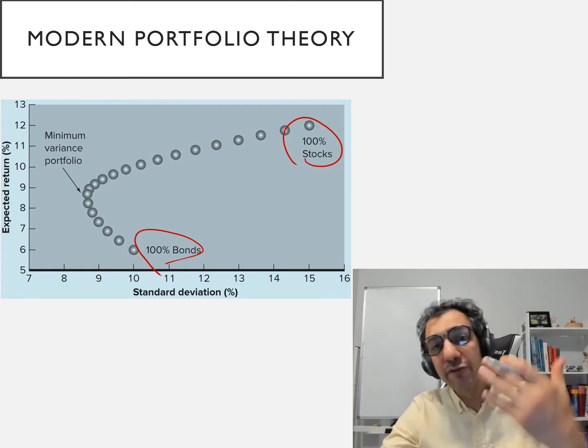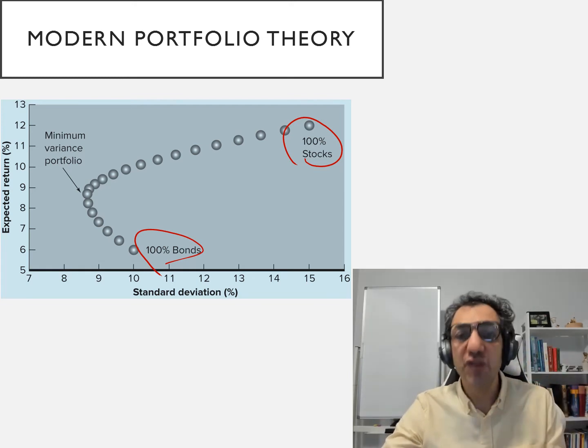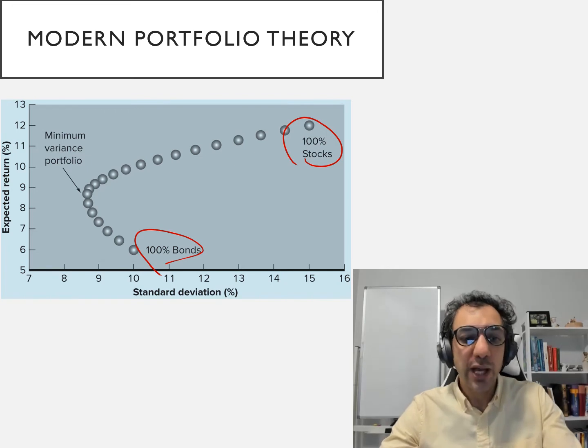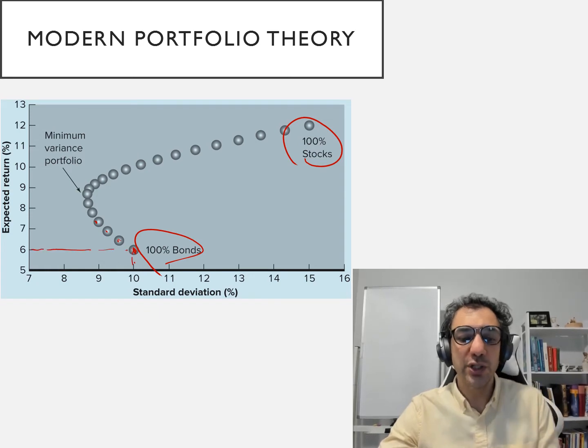These different weights give you different levels of risk and expected return. Any of these spots here shows a different combination, so these are the portfolios you can choose from. For example, this one provides 10% standard deviation and almost 6% return, and so on and so forth.